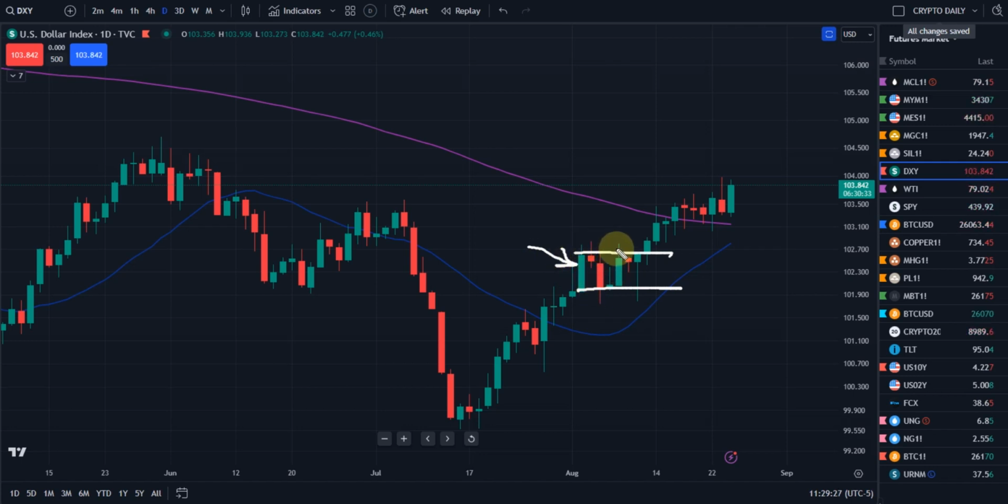And you can wick over it, wick under it. But as long as you're, for the most part, closing inside, it's called an inside bar, and you have the market cornered. The only thing it can do is break out, move higher, or break down and go lower. So you just sit on your hands and wait for the wheels to tell you which direction it's going, which at this point it was pushing to the upside.